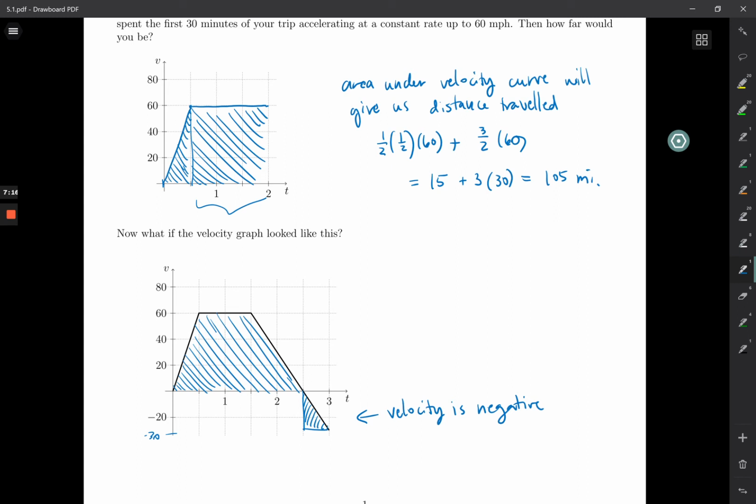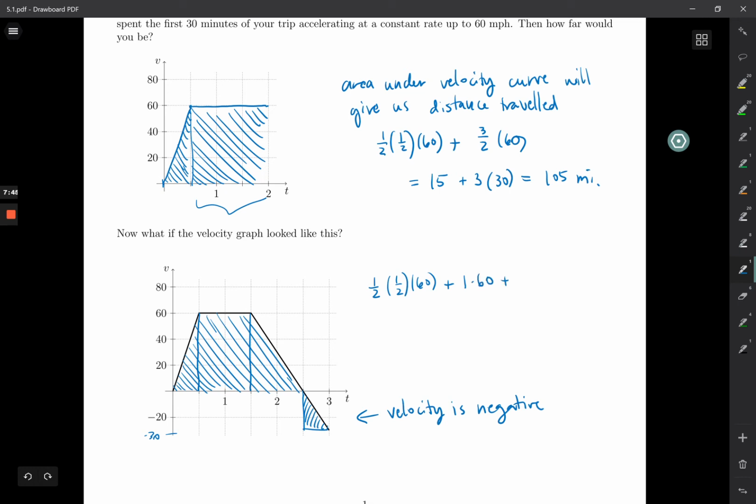So the area under the curve is going to be 1/2. So the first part is computing the area of this triangle. So that is 1/2, again, base is 1/2 and height is 60. Then our rectangle here is width 1 and has height 60.